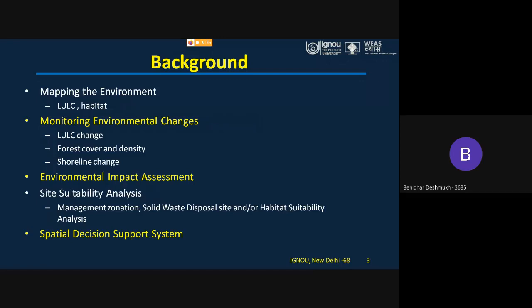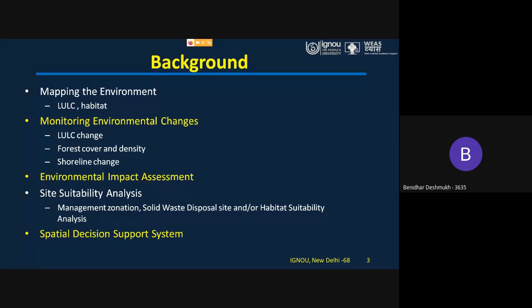So this is how remote sensing and GIS are particularly useful for mapping our environment. The most common things that we do are land use land cover mapping, and particularly from the ecosystem point of view, habitat mapping. So one is to map the environment.